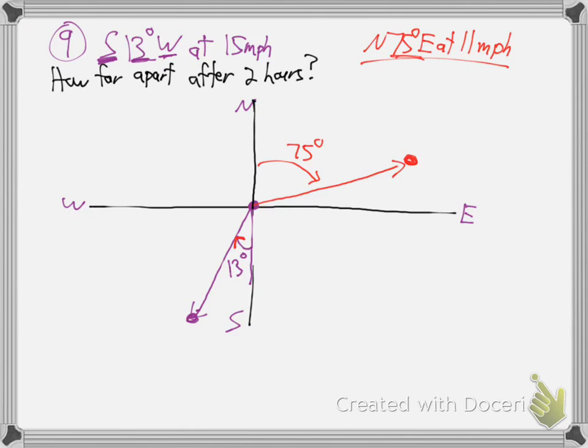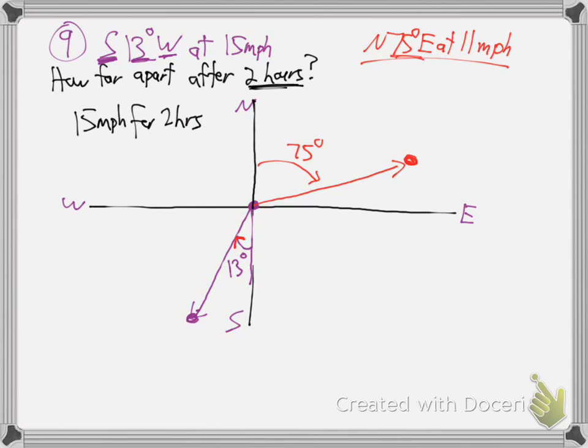So how far do they go? Well, it's for 2 hours. They travel for 2 hours. You just multiply the miles per hour by 2. Perfect, yeah. So if I said I drove my car at 15 miles an hour, I am getting older, I am driving a little slower now. So I drive at 15 miles an hour for 2 hours.